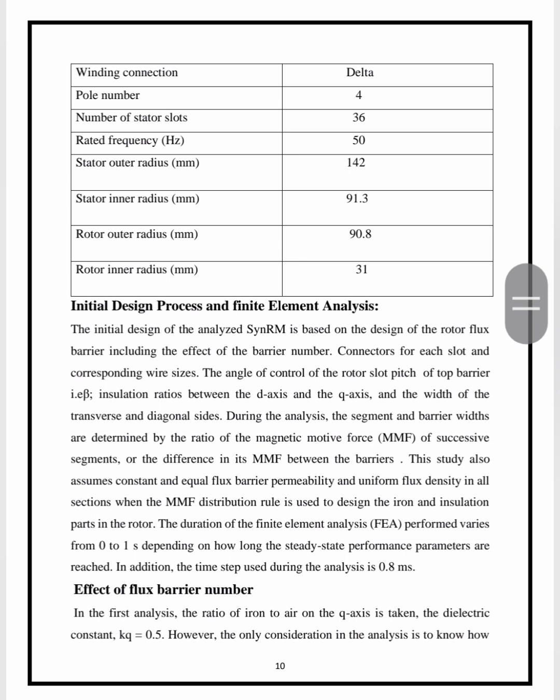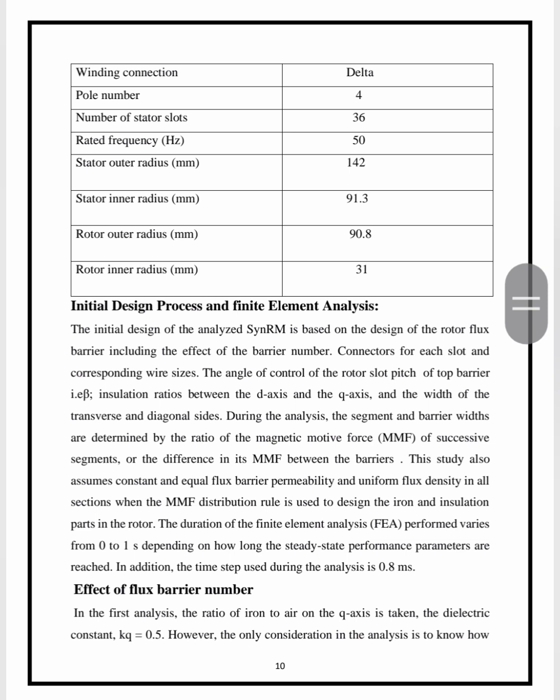This study also assumes constant and equal flux barrier permeability and uniform flux density in all the sections. When the magnetomotive forces distribution rule is used to design the rotor, the iron which we use in this motor technology is cast iron, which provides insulation in the rotor.